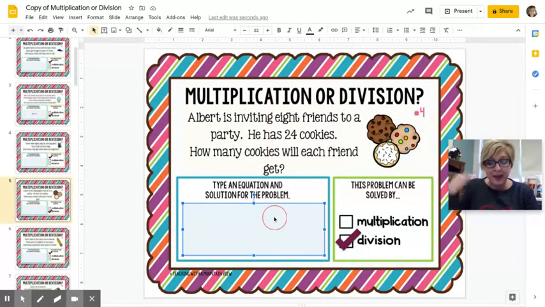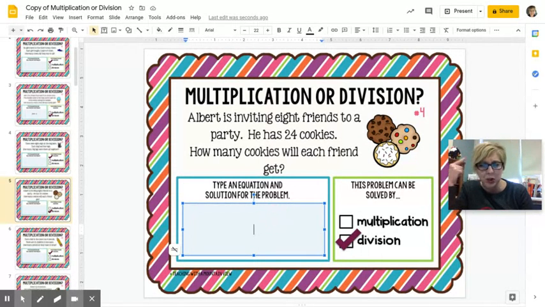If we can visualize that, that's another strategy. Picture what's happening in your mind. Albert had 24 cookies, and we're going to divide those cookies out, and he had 8 friends coming over. So we're going to take 24 divided by 8 and figure out what that could be.